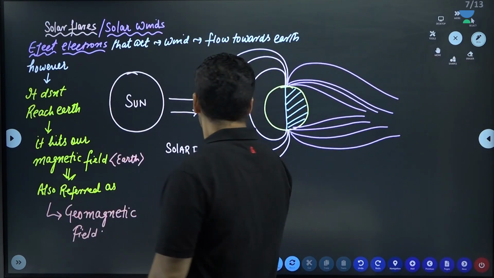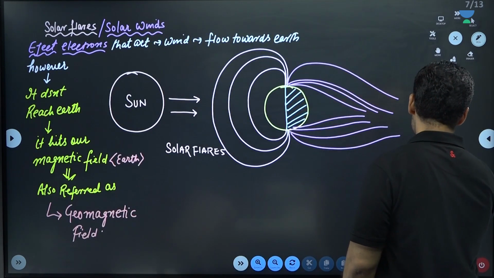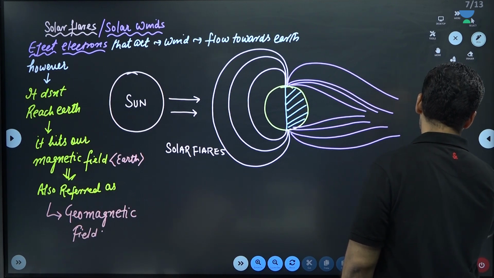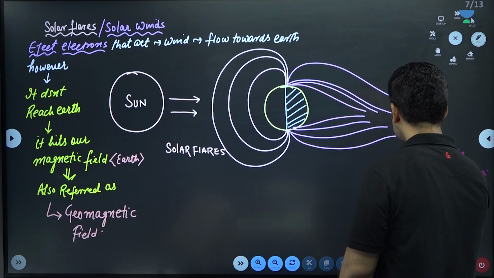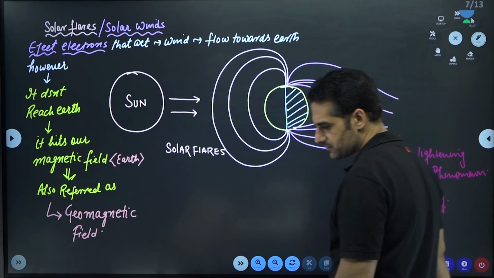Now, because of this, there is some lightning phenomena which is taking place in the sky. The phenomena is called auroras. Now, what this aurora means, let's understand this.